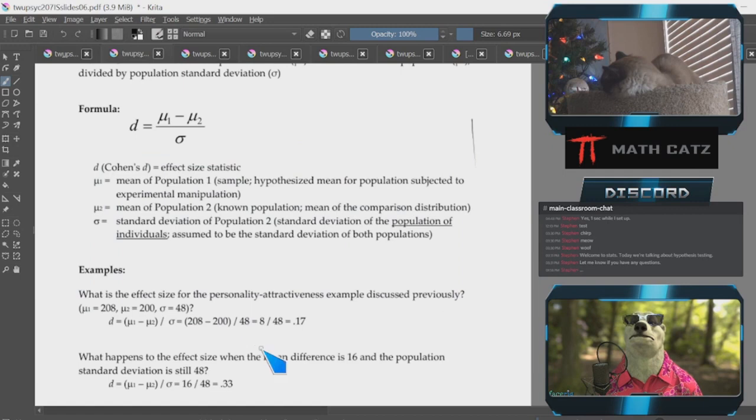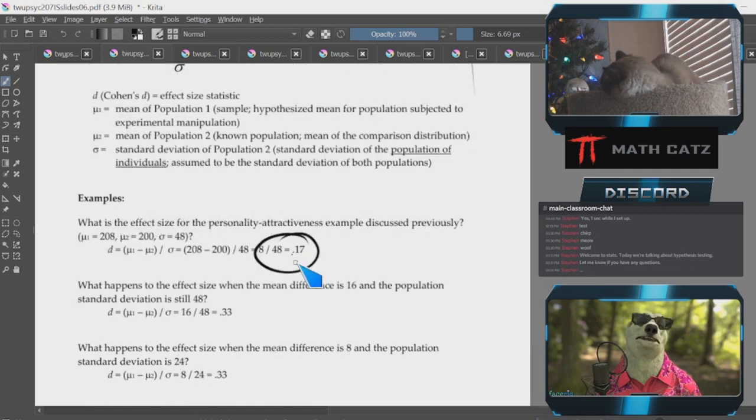If, however, we go back to the 8, getting us this effect size of 0.17, but we have a smaller standard deviation, you see then the effect size also increases because you have less variance in the distribution, so that even a small shift is more significant compared to a larger variance in standard deviation.